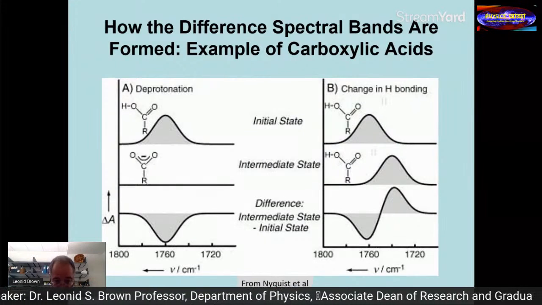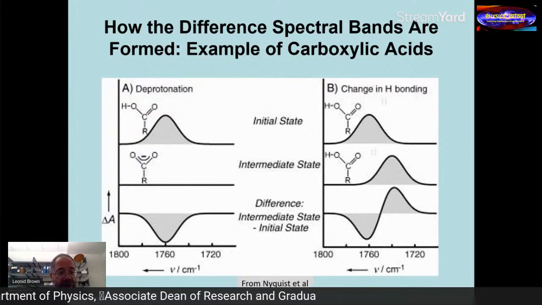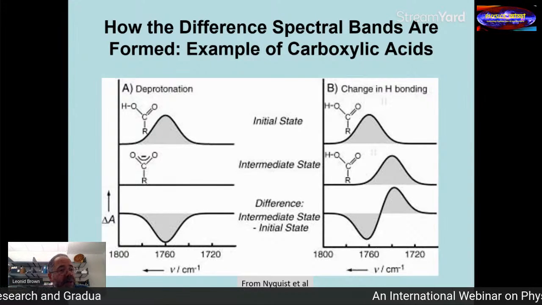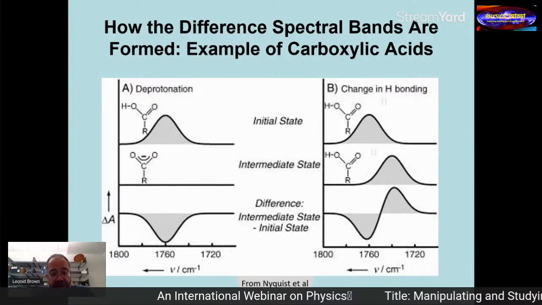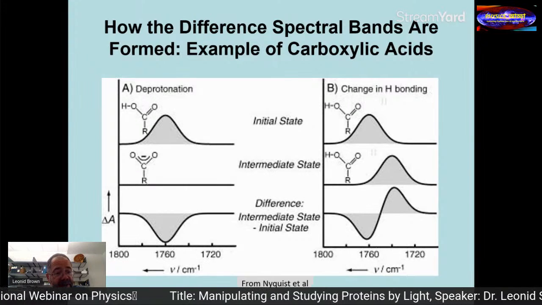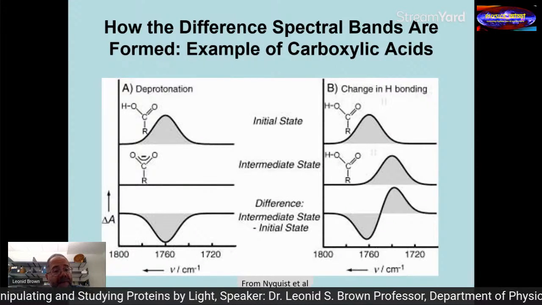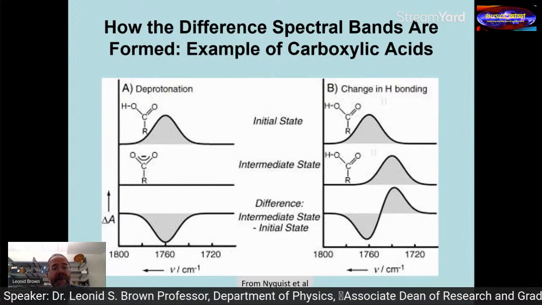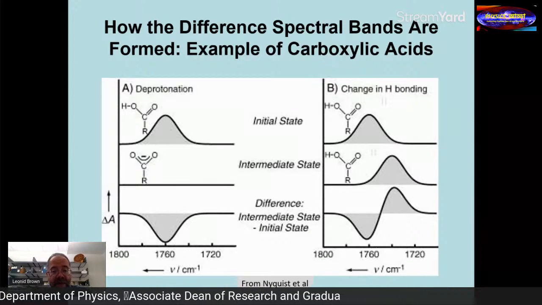I told you many of our proteins are proton pumps, so we need to look at the protonation changes, and carboxylic acids protonate, or they change their hydrogen bonding. And all of this produces signals in the infrared, right? So in the difference spectra, if something, for example, deprotonates, you will get a negative signal. Here is the explanation. And if something shifts, you will get negative and positive signal.